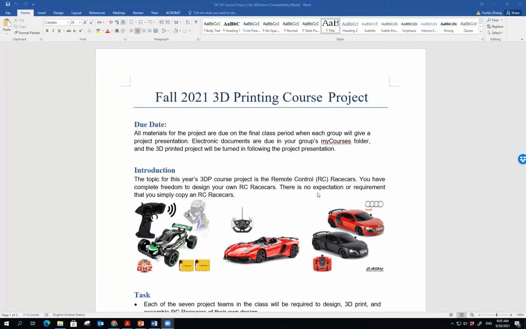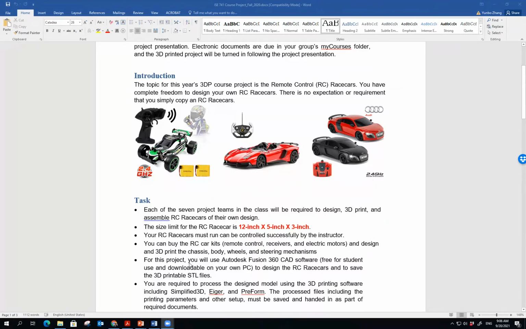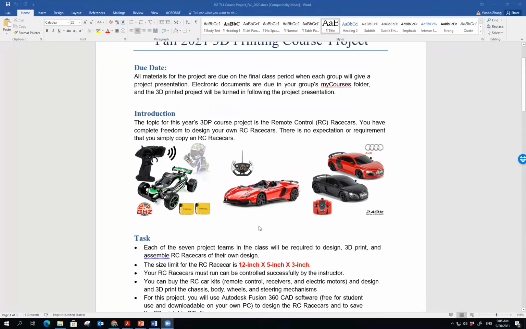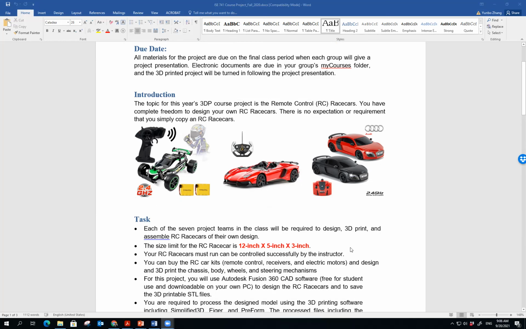What I will do is purchase some RC cars from Amazon, and you could disassemble the cars and reutilize those components, especially the remote control components and some of the motors from the toy, as well as some other parts if you want. But all the rest you need to design and fabricate yourself.